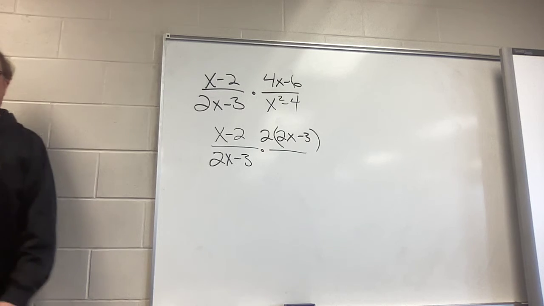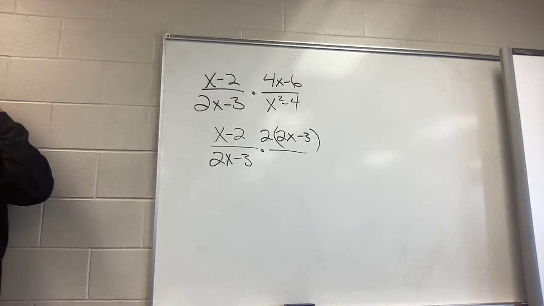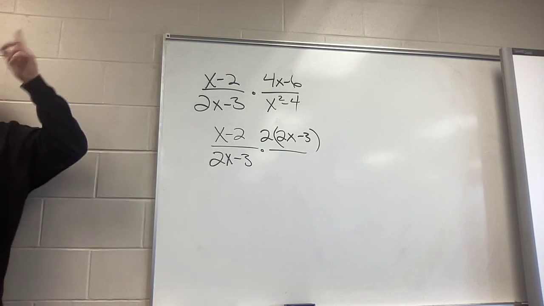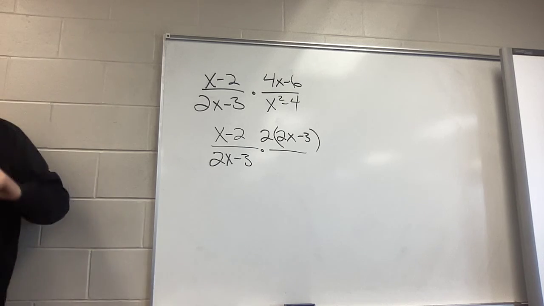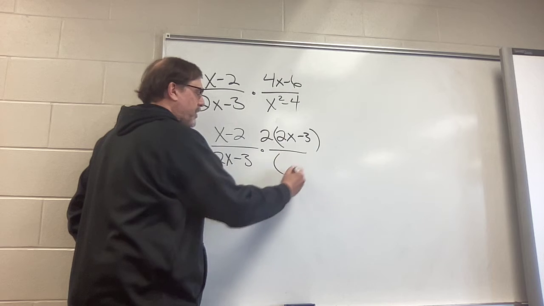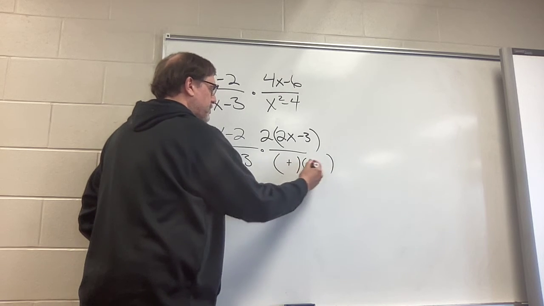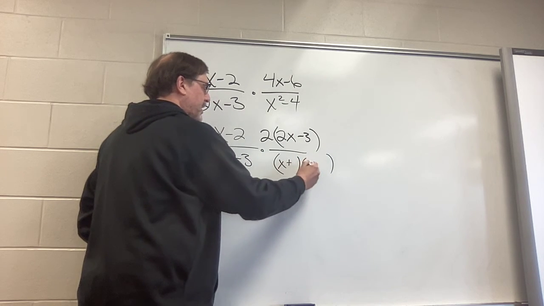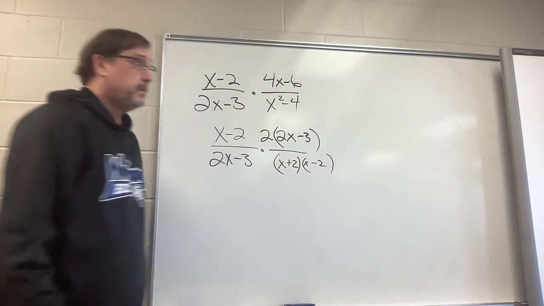Now the factor in the bottom: x squared minus 4 squared, it's special. When you have a square minus a square, you can just go plus and minus.